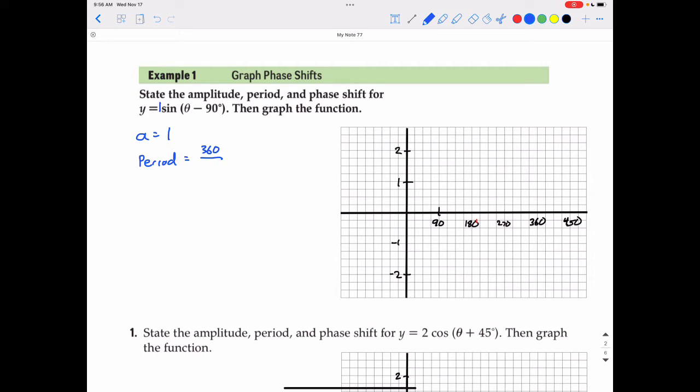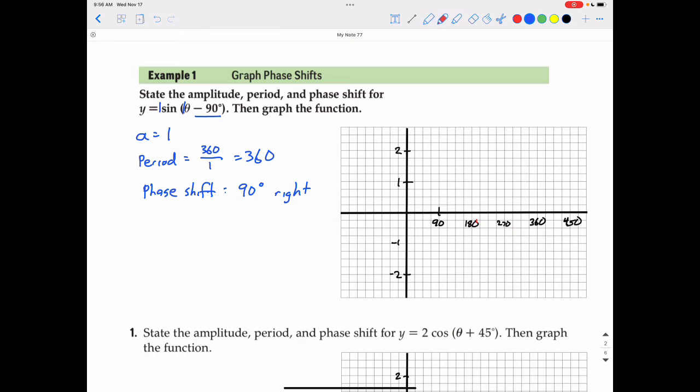I don't see anything in front of theta, which means there must be a 1 there, so the period is 360. And then it asks for the phase shift, which is your horizontal shift. Since there is a minus 90 there, that means it is shifting 90 degrees. Minus 90 means it's going to the right. So our phase shift will be 90 degrees right.